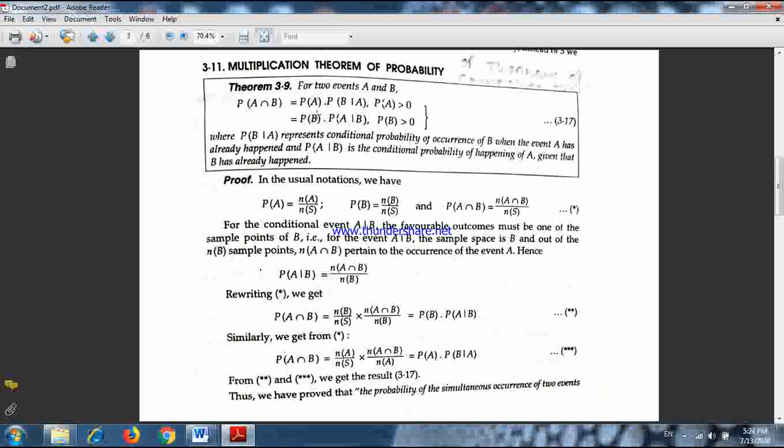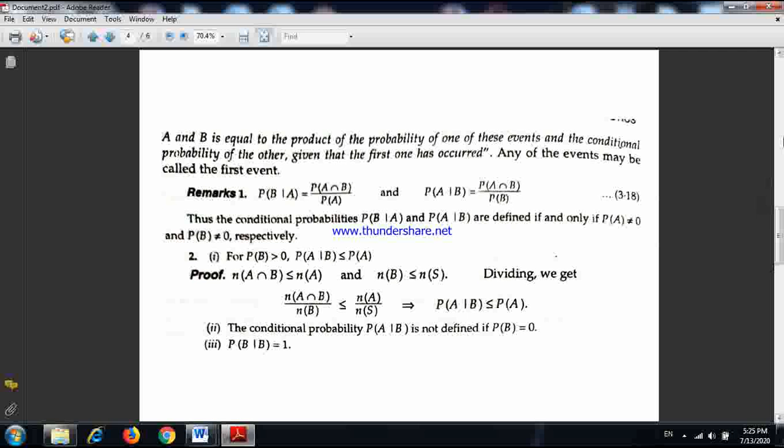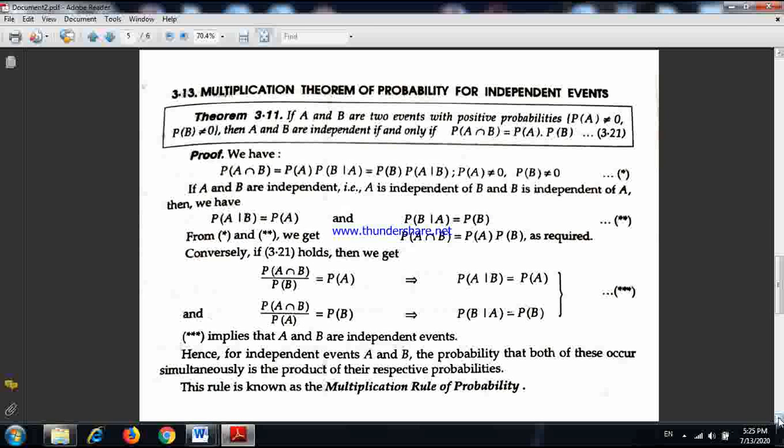So if A and B are independent, then P(A intersection B) equals P(A) into P(B). This is the multiplication theorem for independent events. If A and B are two events with positive probabilities, that means P(A) not equal to 0, P(B) not equal to 0, then A and B are independent if and only if P(A intersection B) equals P(A) into P(B).